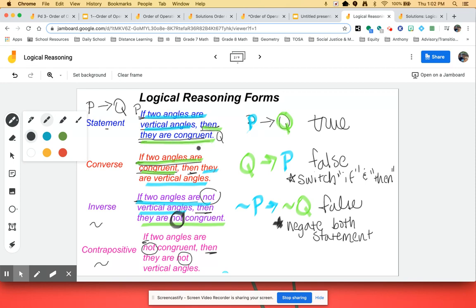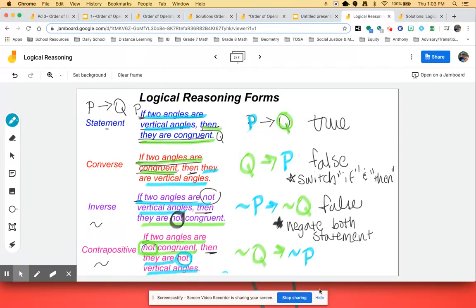The second statement, the Q, is what's telling me about them being congruent. So I'm going to underline that in green because that is my Q, but it's my not Q. Again, remember we're going to negate that. So not Q, then my next statement must be P, but it's got that not there also. So they are not vertical angles. So not Q, then not P.